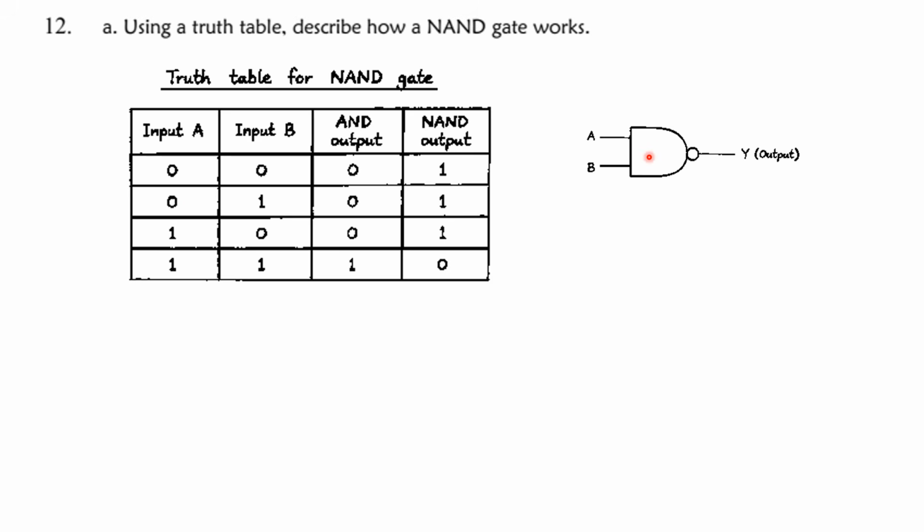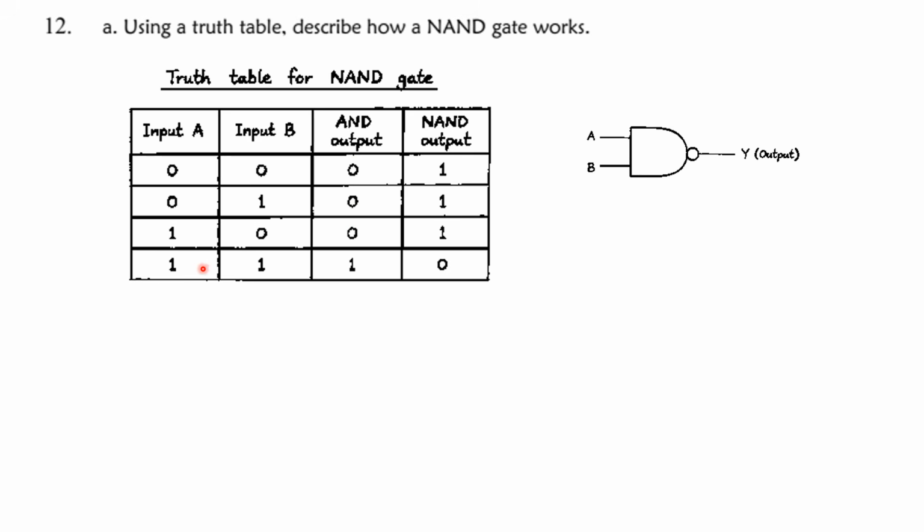So assuming that this is an AND gate, when both of them are zero, the AND will give you a zero. But because we have put a NOT there, these zeros are going to be converted to ones. Just take note that a NAND simply converts whatever the AND gate is producing.